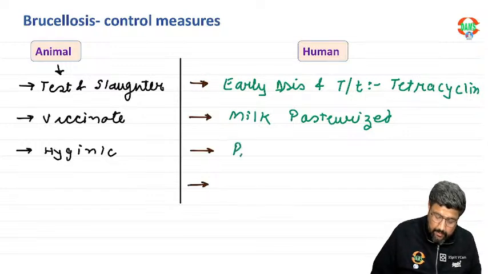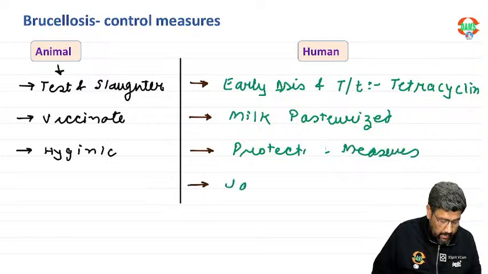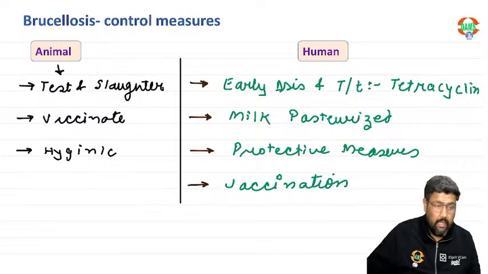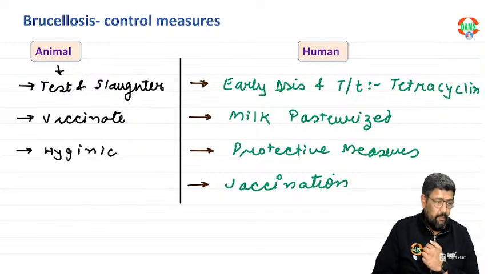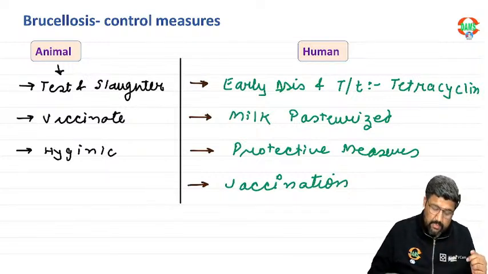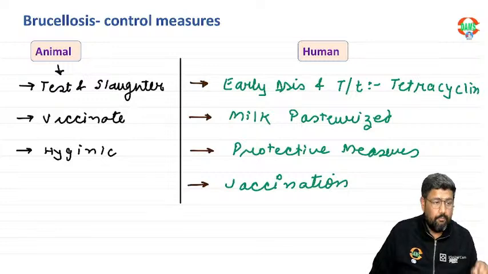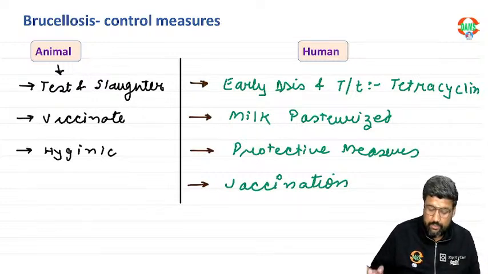We ask the farmers to have protective measures and vaccination. Those who are in direct contact with these animals, they also can get the vaccine, right? So these are the control measures for brucellosis.